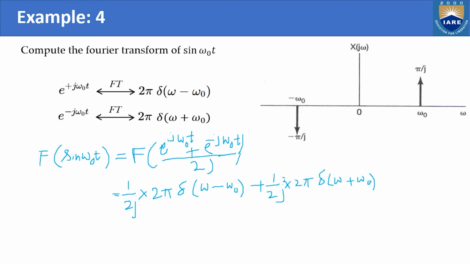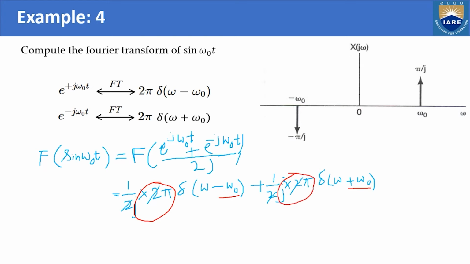Okay, now 2 will get cancelled here, then 2 will get cancelled here, so pi by j. So there are two delta functions with amplitude of pi by j here at location omega naught, and another delta function at minus omega naught with the same amplitude magnitude pi by j.